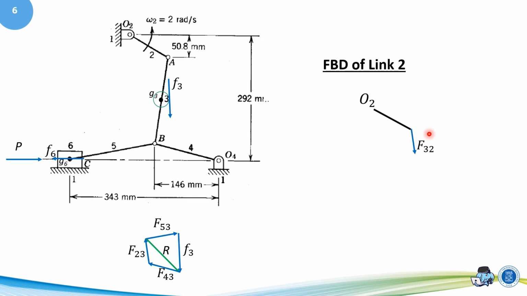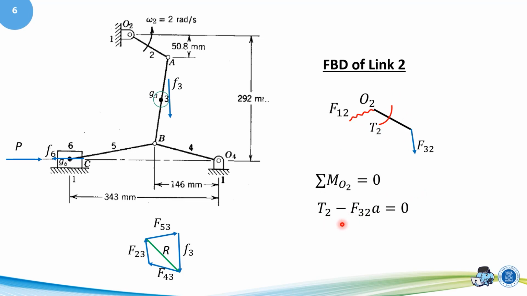Here we have F32, because we already know the magnitude and the direction of F23. So F32 is just in the opposite direction of F23 but with the same magnitude. And then we have the couple T2, and at O2 we have F12, whose magnitude and direction we don't know.